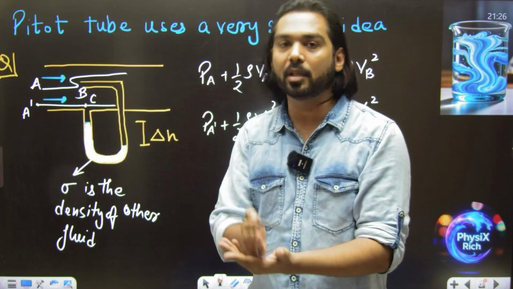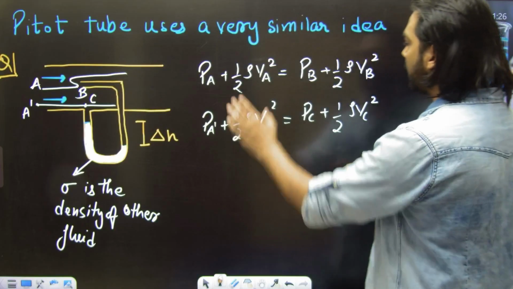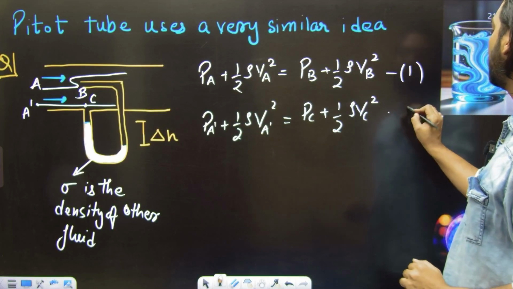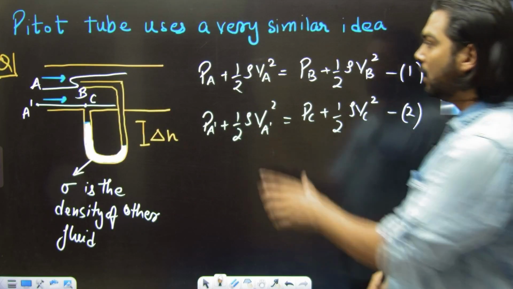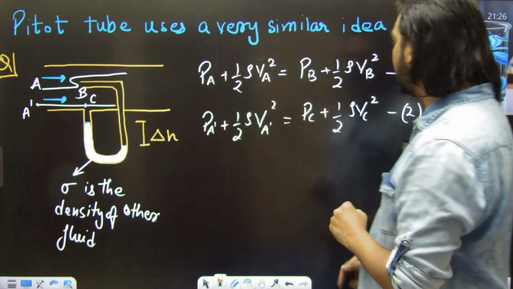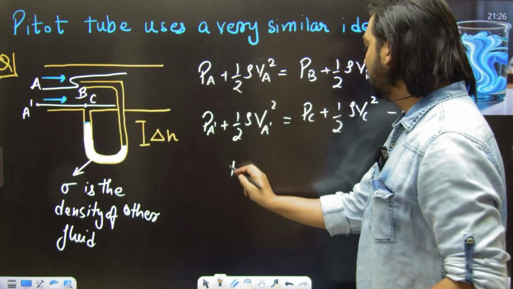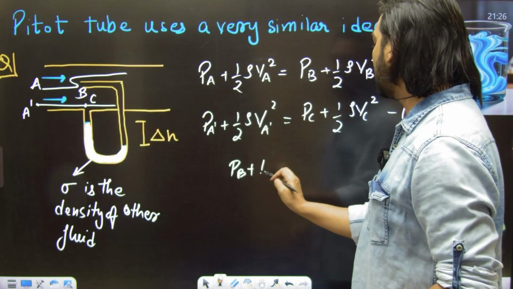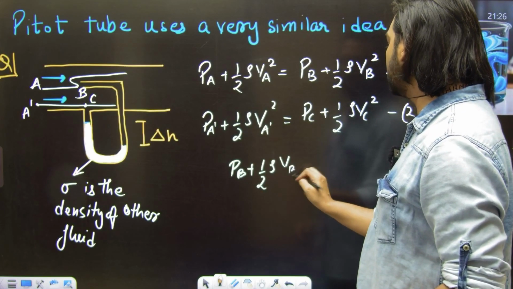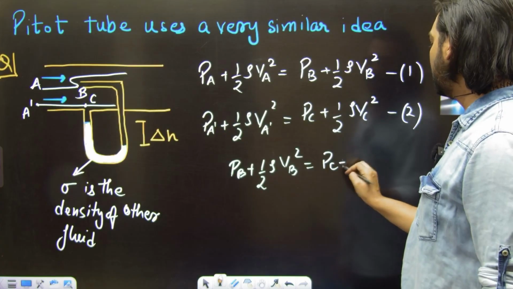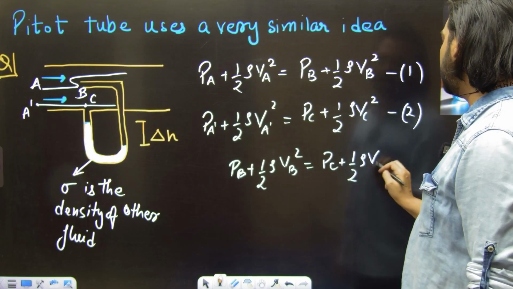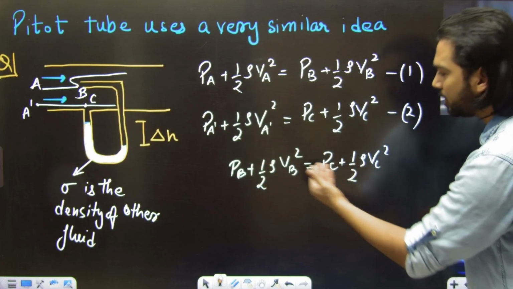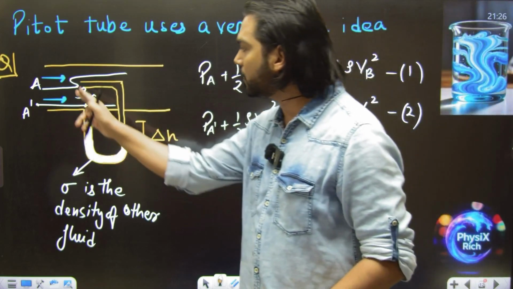They have the same pressure and they have the same velocity, which means that for both these two equations, equation 1 and equation 2, the LHS is the same, guys. And then if I equate the RHS, it becomes PB plus half rho VB square equals to PC plus half rho VC square. This appears as if I have applied Bernoulli's between B and C.